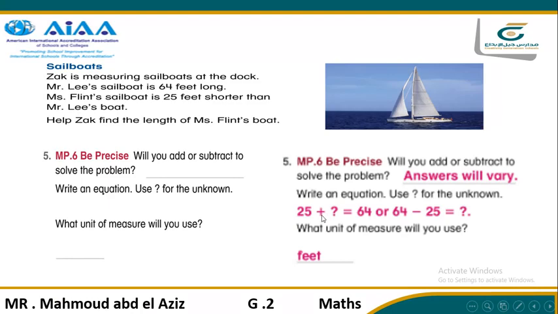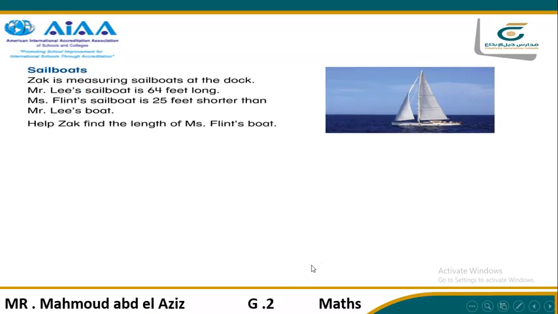So you can add here or you can subtract. 64 minus 25 equals what? So what unit of measure will you use? We will choose feet.